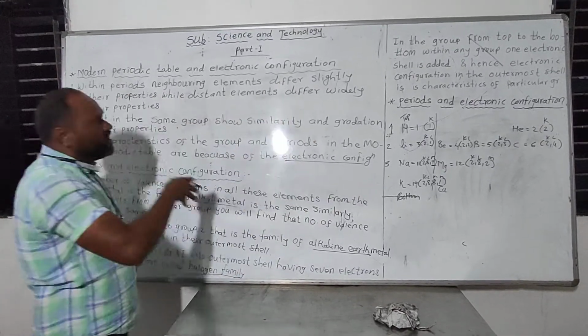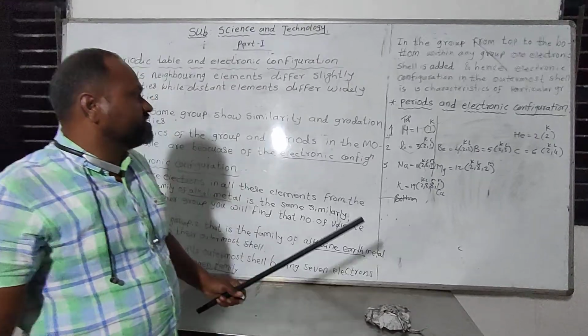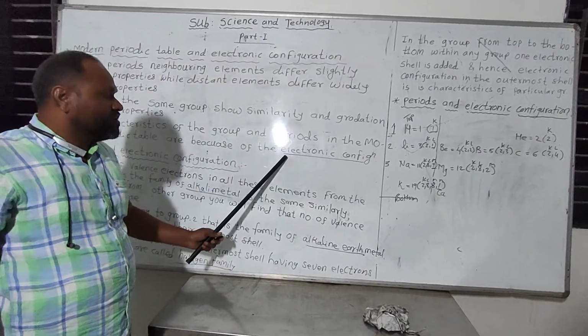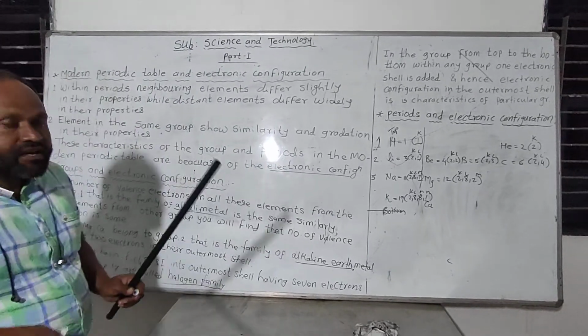All the changes of properties in periods and groups are on the basis of their electronic configuration.